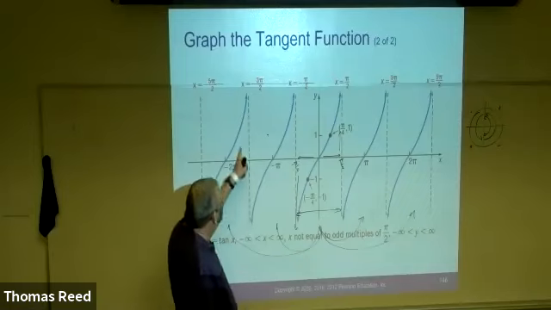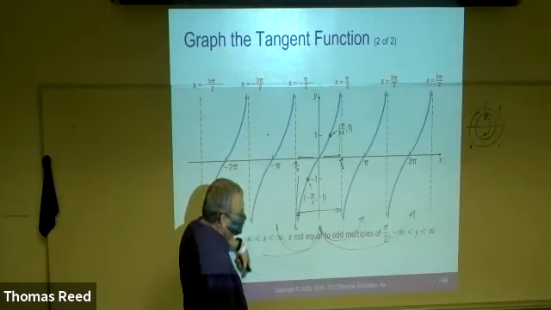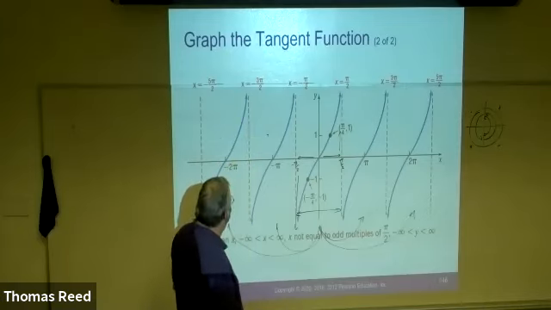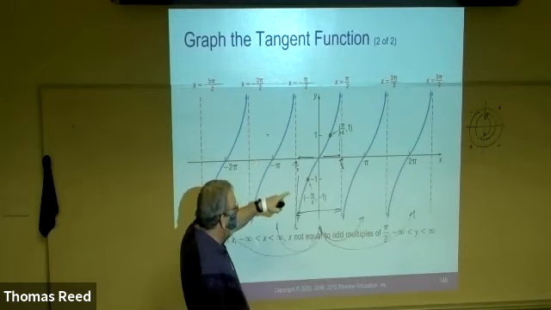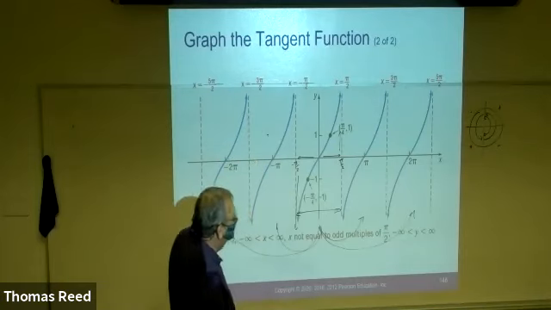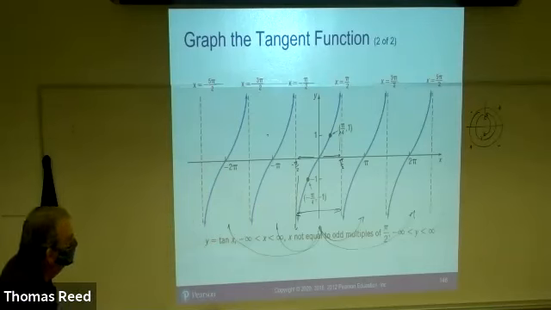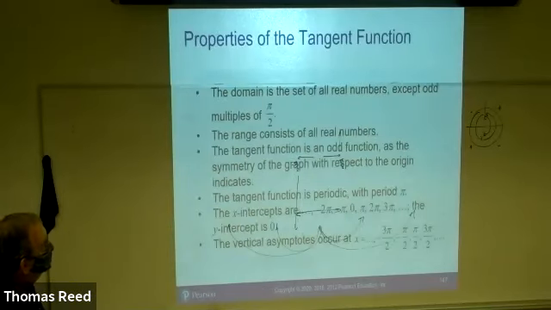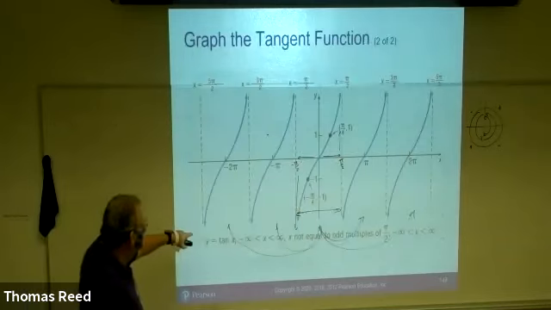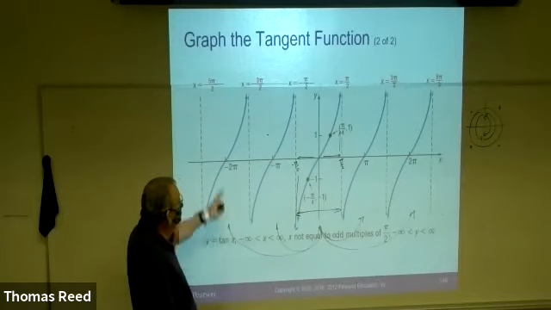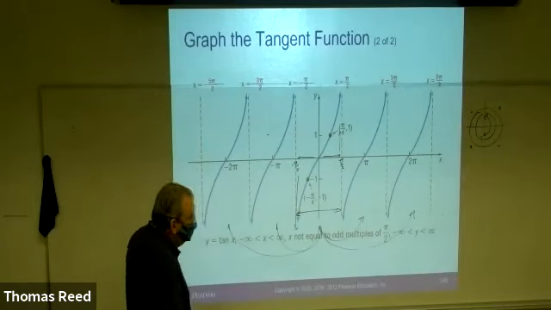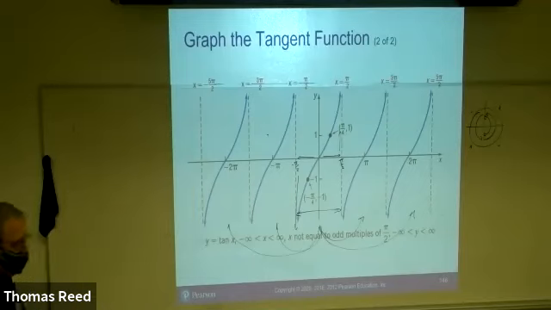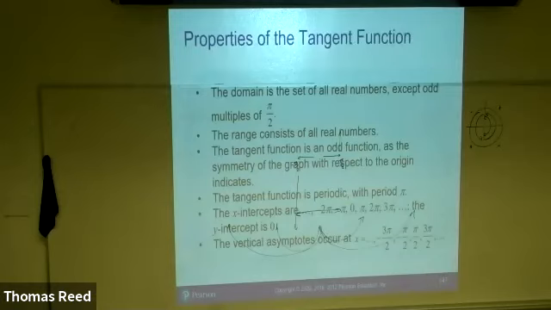On one side, it's going towards positive infinity, on the other side, towards negative infinity. And each of these is an odd multiple of pi over 2. The range is all real numbers, and you can see that from the graph because it goes towards negative infinity and up to positive infinity. So it decreases without bound and it increases without bound. So the range is all real numbers.